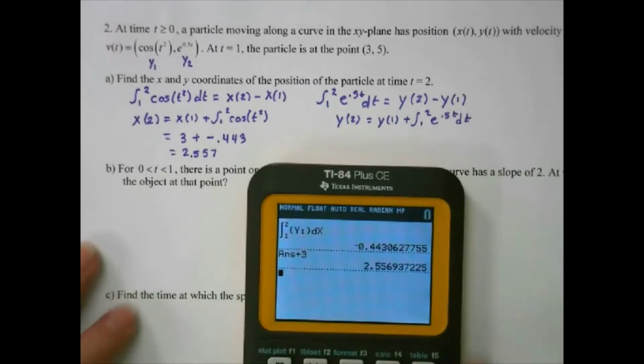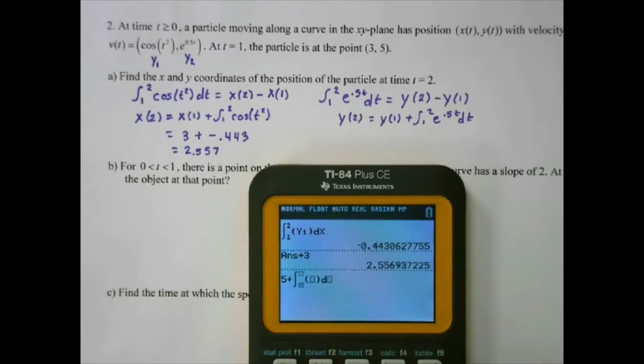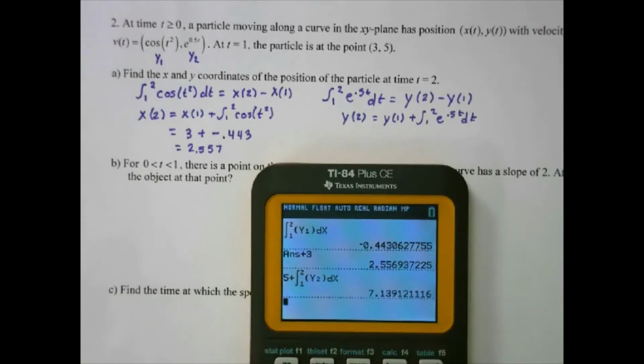Okay, so I'll just do this one all at once. My y at 1 is 5, and then we're going to add that to the integral from 1 to 2 of y2, and we get 7.139.